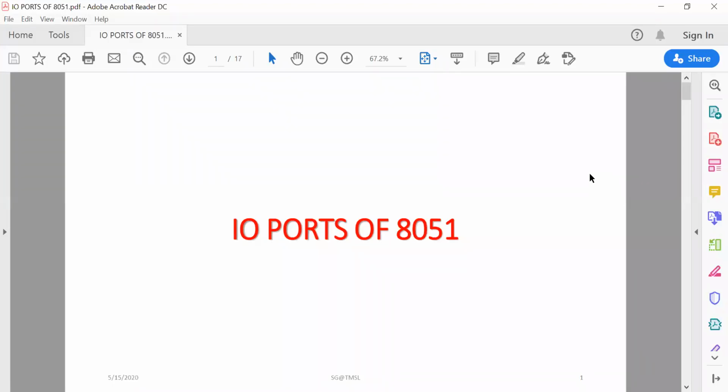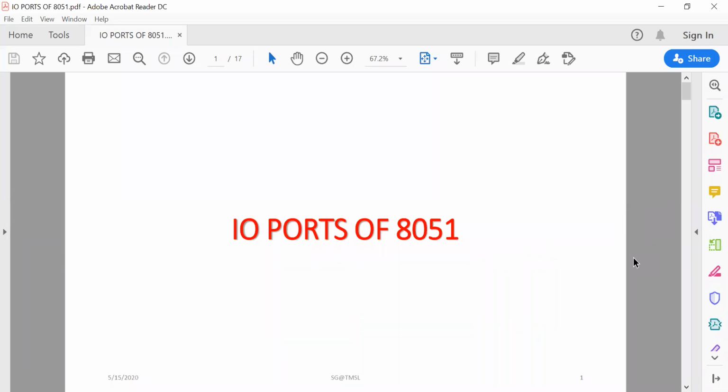From 80 to 87 it is under P0: P0.0 has address 80, P0.1 has address 81, and in this way for port 0 the last pin has bit address 87H. Likewise for P1 it is from 90 to 97, port 2 from A0 to A7, and port 3 from B0 to B7.